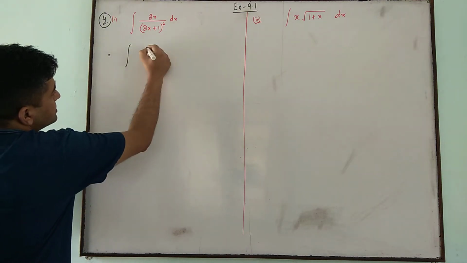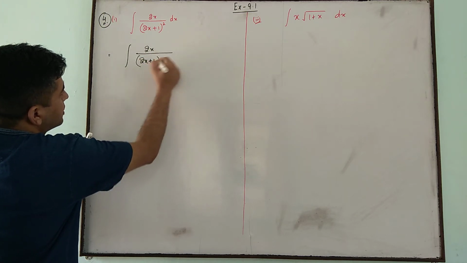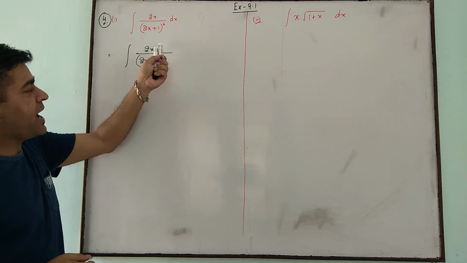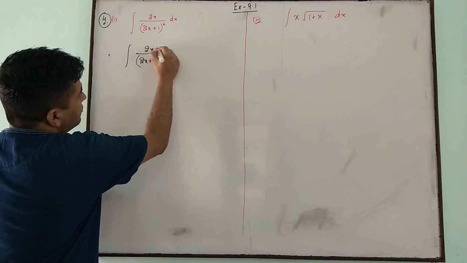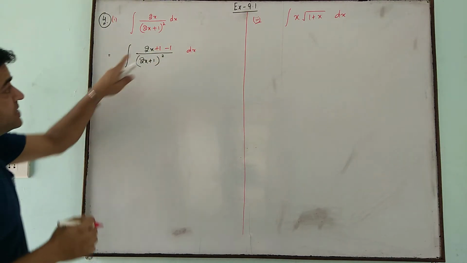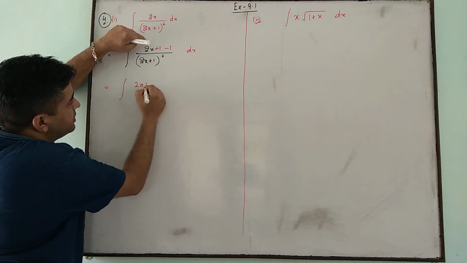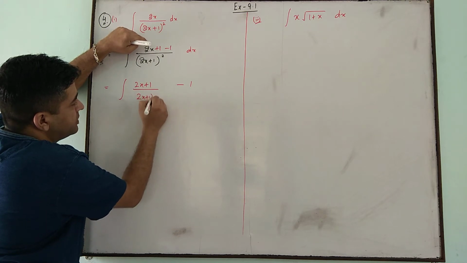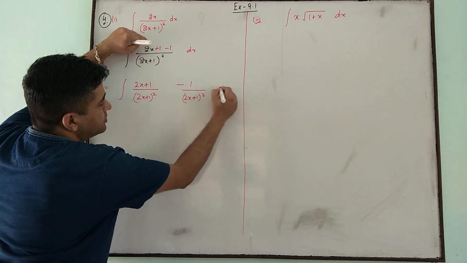What we can do here is 2x upon 2x plus 1 whole square. We can make the numerator same as that of the denominator. For that, we are adding 1 and subtracting 1 in numerator, so that we'll get 2x plus 1 minus 1, and separate the denominator: 2x plus 1 whole square, 2x plus 1 whole square.